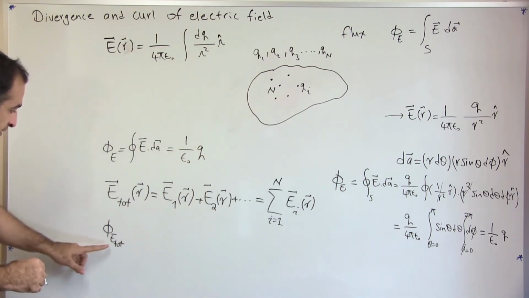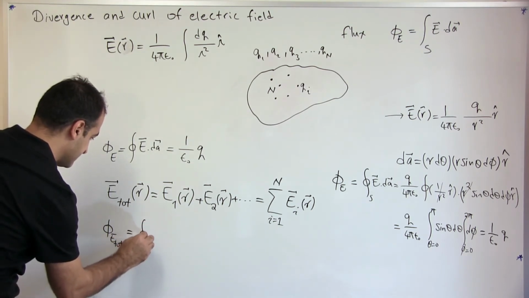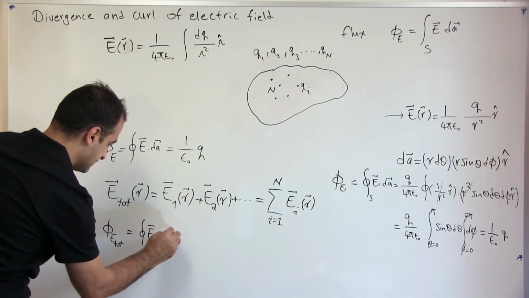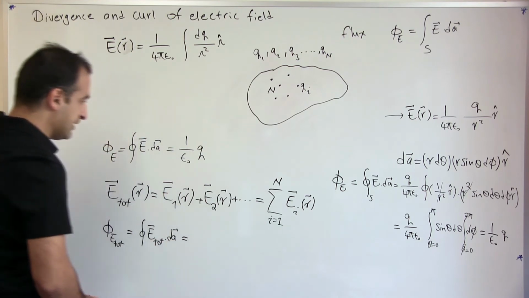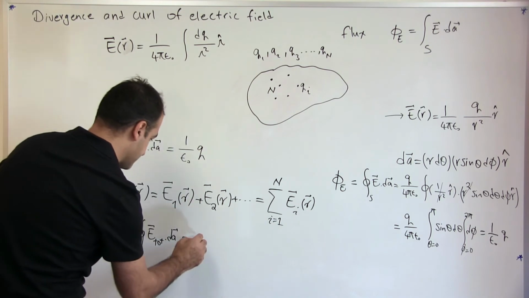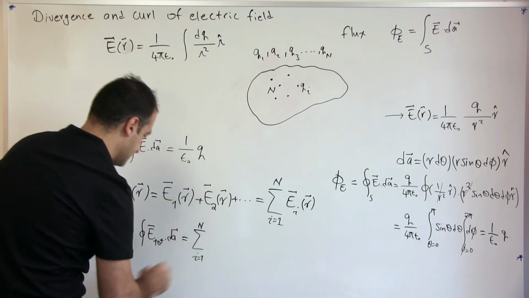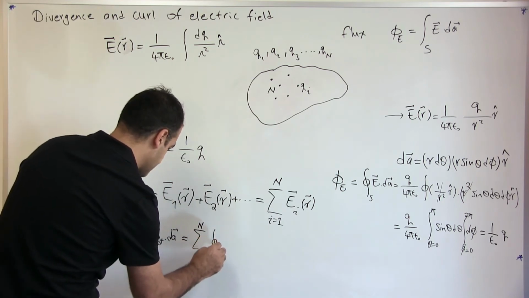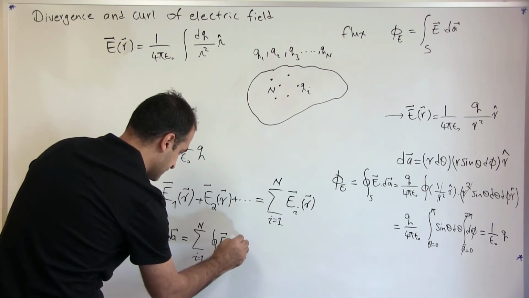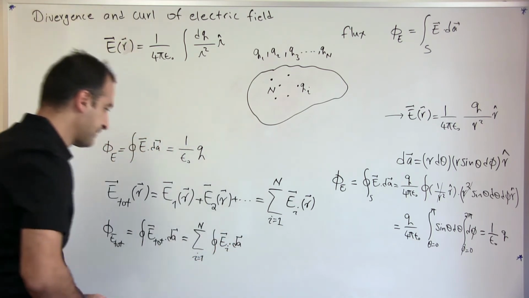Okay, so phi total is the integral of E total dot dA. Since we can write E total in terms of that combination, the whole integral can be written as the sum over i from 1 to n of the integral on the surface of Ei dot dA.